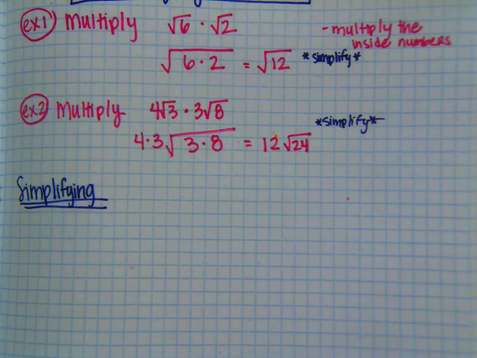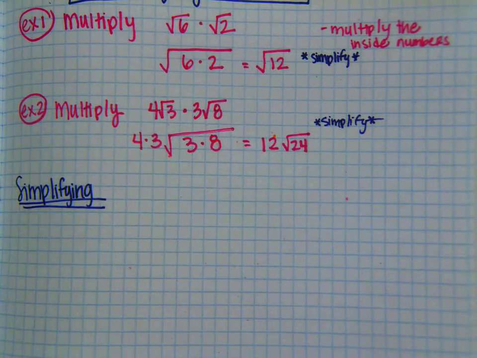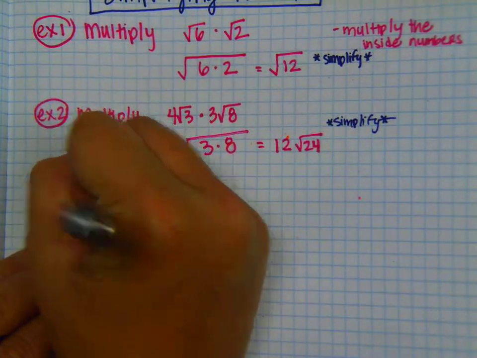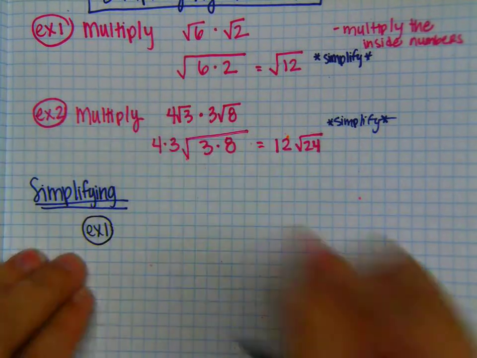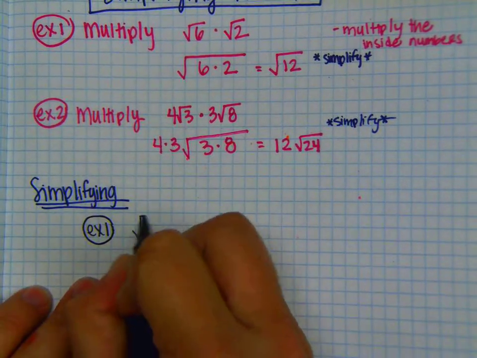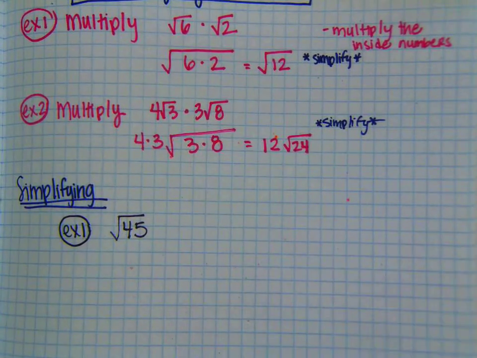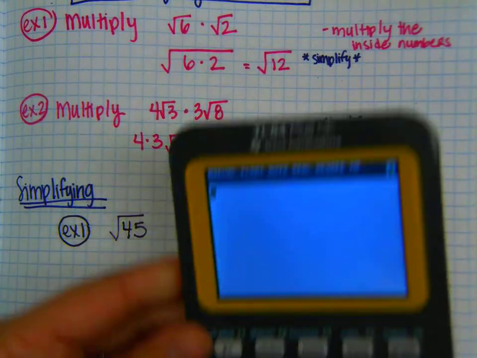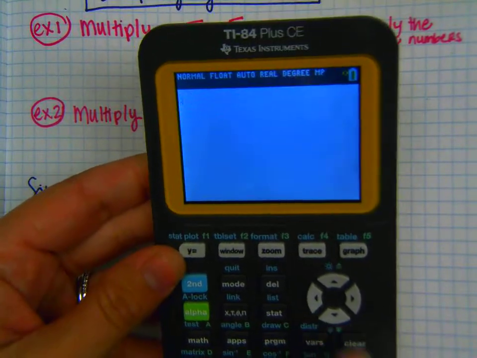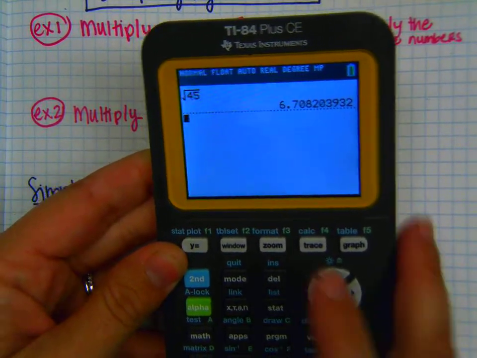Okay, so simplifying. An example for simplifying: the square root of 45. Okay, so if I have my calculator and I put the square root of 45 in here, I get that thing.